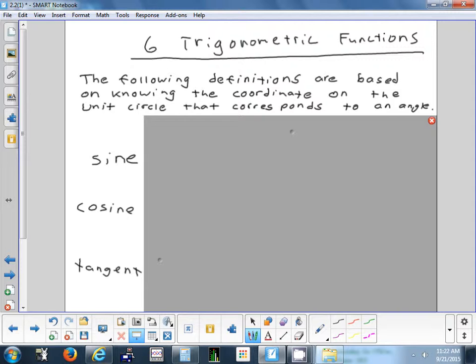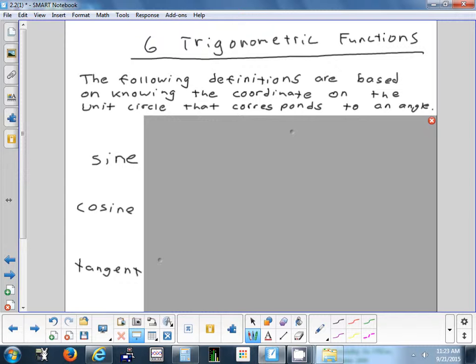Does anybody know the other 3? Something opposite of sine, cosine. Yeah, it's when you take all of these and you flip them. Take the reciprocal of each one. Cosecant, secant, and cotangent.